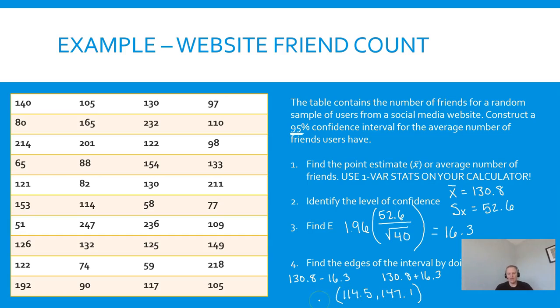So we are 95% sure that the true average number of friends that everybody has on this website is somewhere between 114.5 and 147.1. And that is how we do confidence intervals when we have large samples, meaning our sample size N is greater than 30.